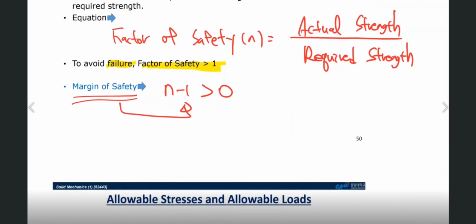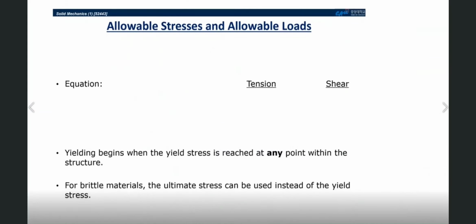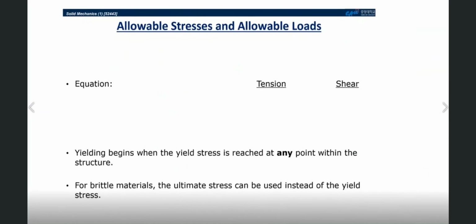Now, let's try to discuss allowable stresses and allowable loading, the specific definition. So allowable stress we can define by using this specification.